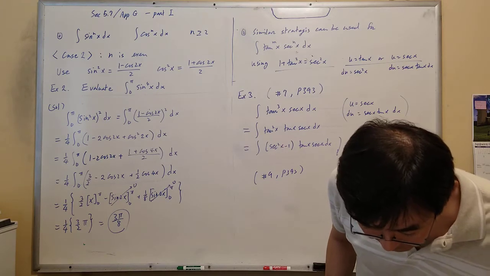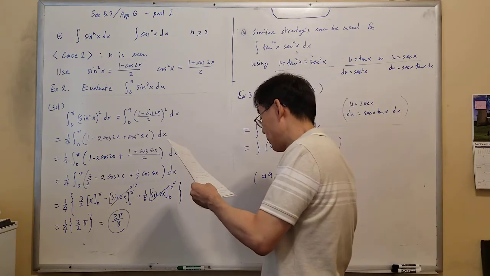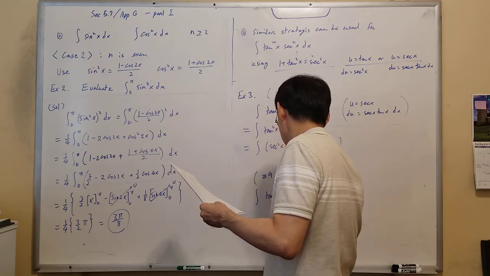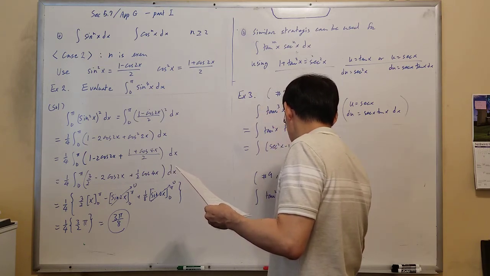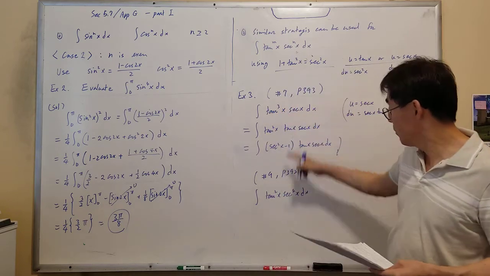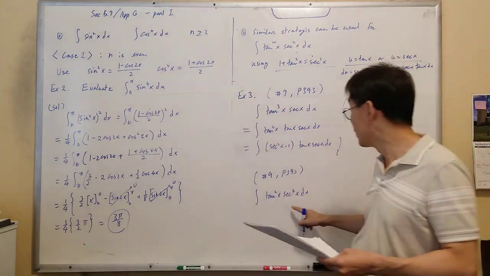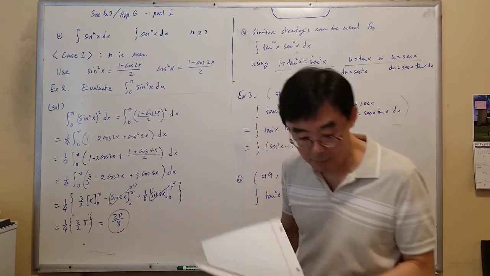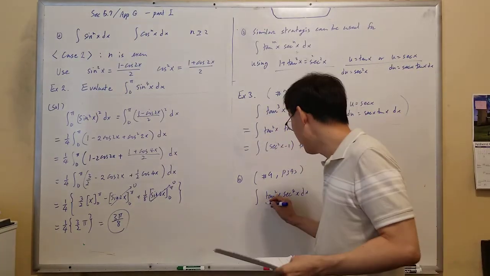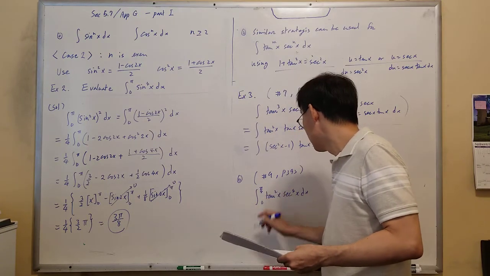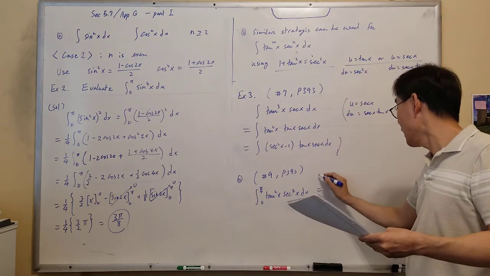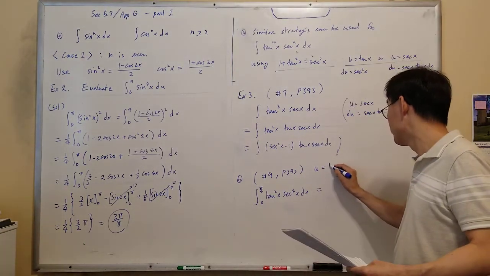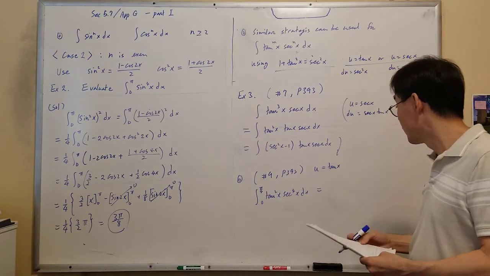Tangent squared secant to the 4th, from 0 to pi over 4. When the secant power is even, in that case, they ask you to use u equals tangent x. Okay?